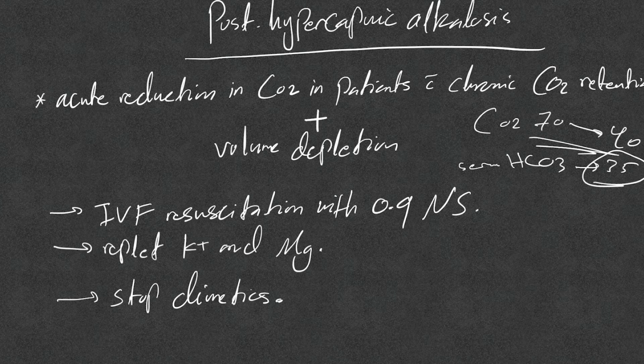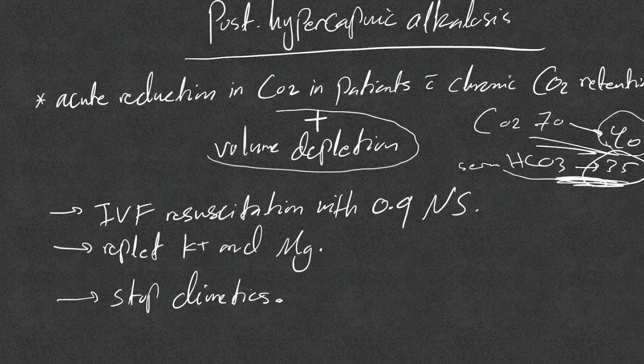The kidney typically will try to excrete this excess bicarb because the CO2 is now 40. But if there is a reason for the kidney to keep the bicarb, and in most cases this patient has volume depletion, what we do most of the time is simply resuscitate them with IV normal saline, replete magnesium and potassium, stop their diuretics, and slowly their bicarb will correct back to normal.